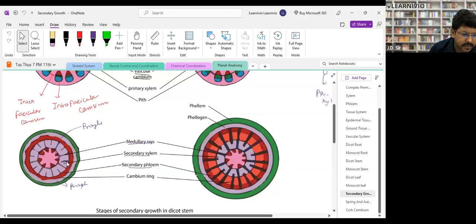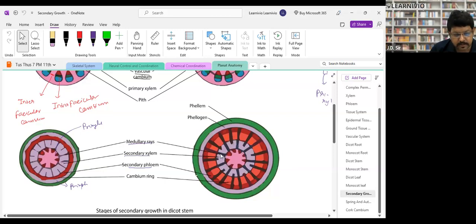Between the secondary xylem, you will find these colored structures made up of parenchymatous cells. These parenchymatous structures are called medullary rays.